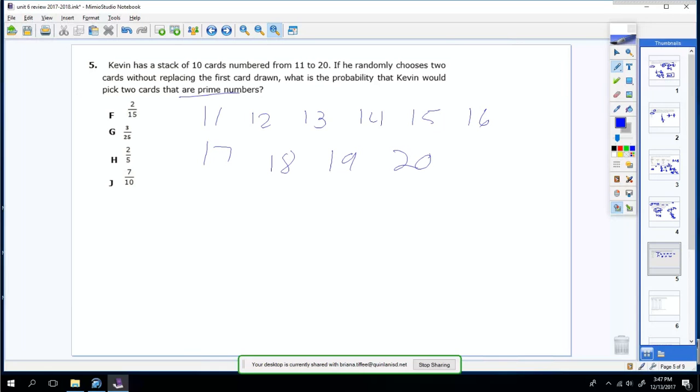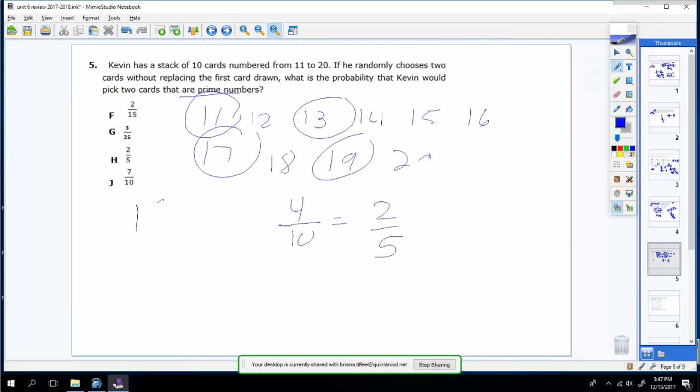Remember, a prime number is a number that only has the factors 1 and itself, and it has to be greater than 1. So I have 11, 13, 17, and 19. So I have a 4 out of 10 chance, which is also 2/5, for my first pick.